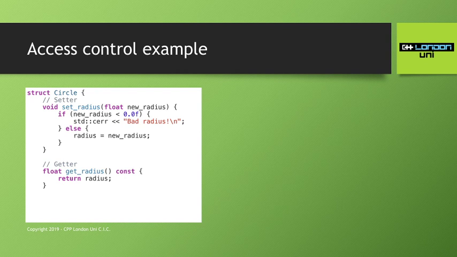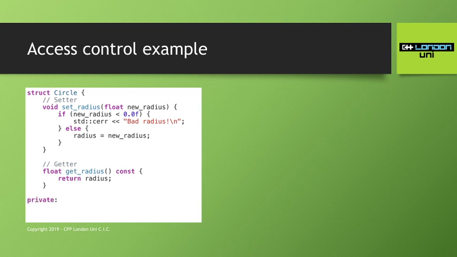Note that I've marked this member function as const, meaning we can call this if we have a const circle, because it only reads the value, it doesn't change the value, it doesn't mutate the circle instance. This one, of course, can't be const because it is changing the value of the radius.